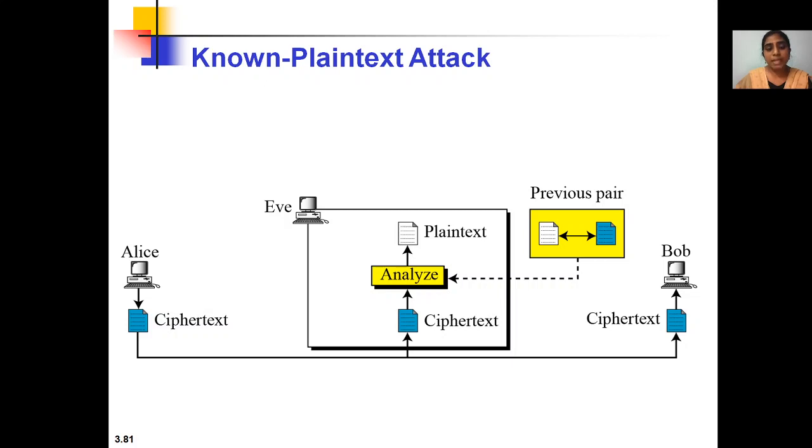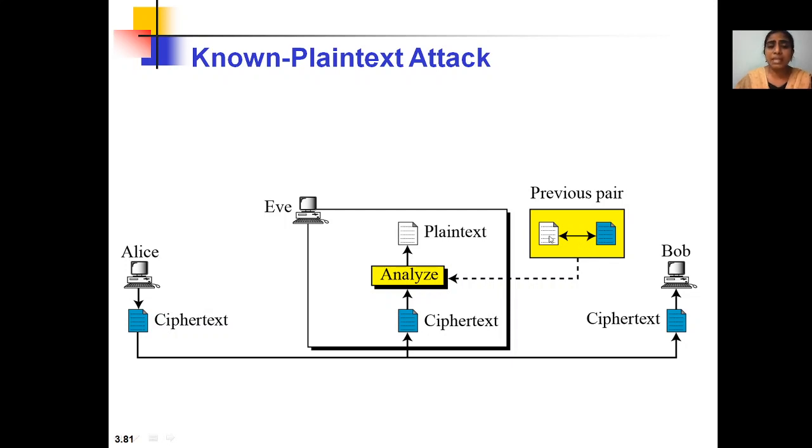The known plaintext attack is where, whenever the sender sends a message to the receiver, the intruder already knows something about the plaintext, that is, certain pairs of plaintext may previously be held by the intruder.